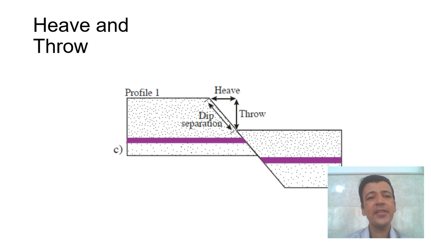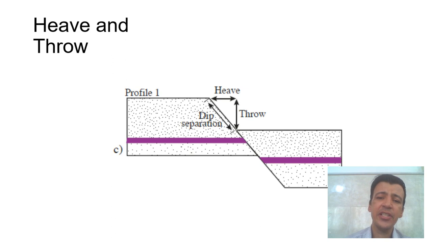Another concept is heave and throw. You can see heave and throw in this profile. First of all, we have a dip separation in the faults. This is a normal fault, and the first thing we should do is determine the dip separation.